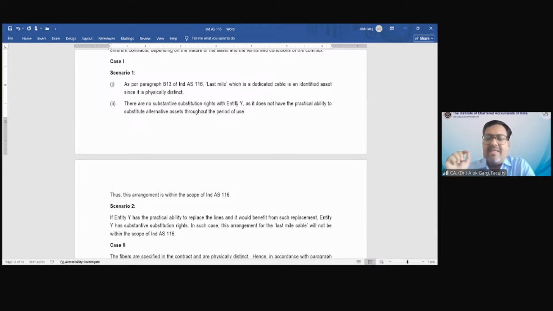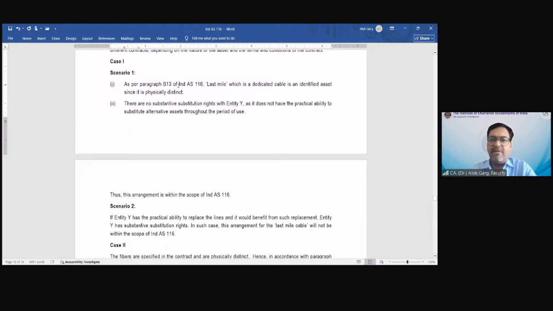The word in Ind AS 116 is substantially. It is not completely. There is a difference between substantially and completely, right? What is meant by completely? Full use. 100%. Substantially means more than 90%, 90% or more, right? Okay. So you can write this assumption also.